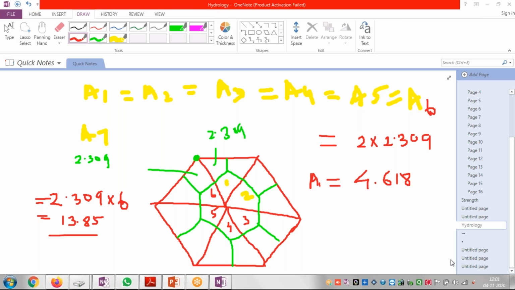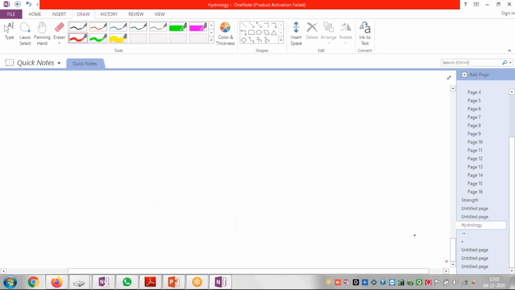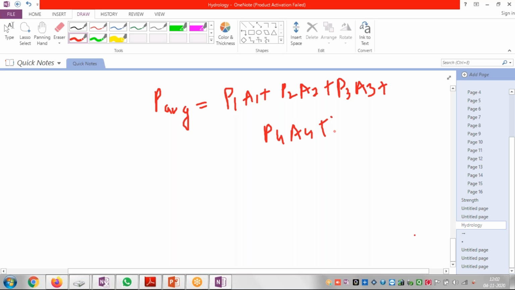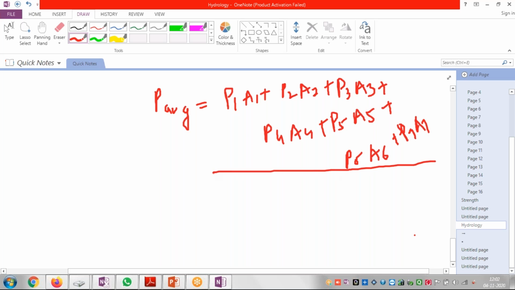Now, what is the formula for the Thiessen polygon? We know that for the Thiessen polygon, P average is equal to P1 A1 plus P2 A2 plus P3 A3 plus P4 A4 plus P5 A5 plus P6 A6 plus P7 into A7, divided by the whole A1 plus A2 plus A3 plus A4 plus A5 plus A6 plus A7, right?